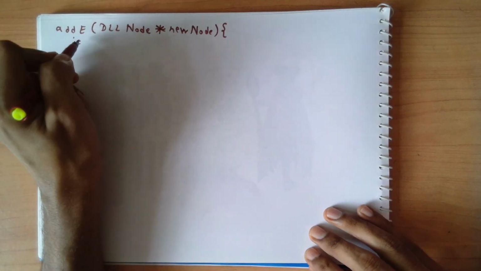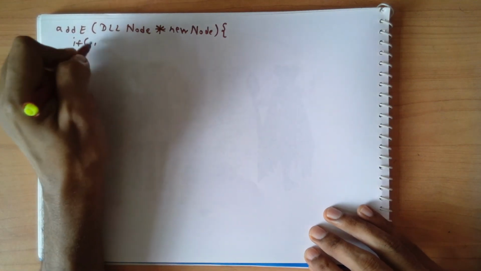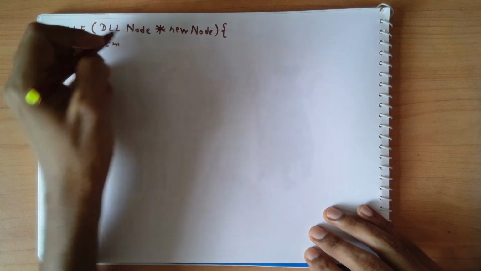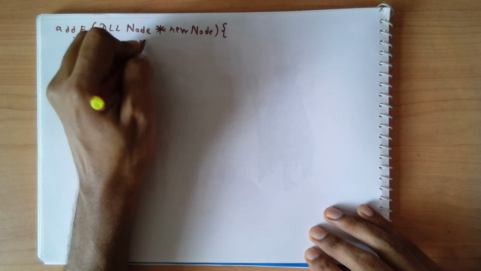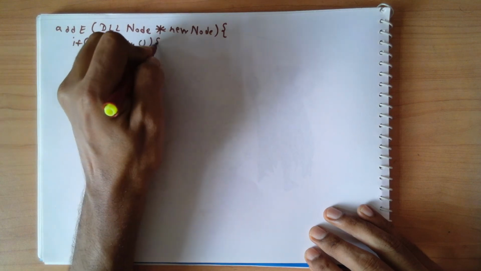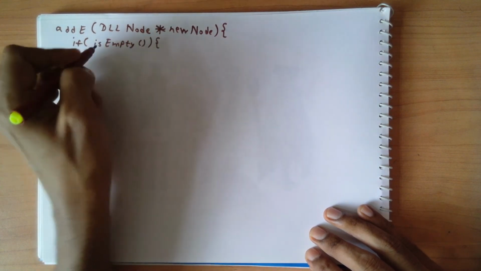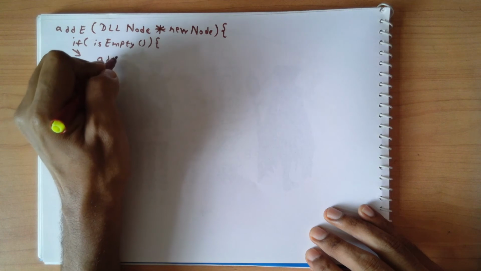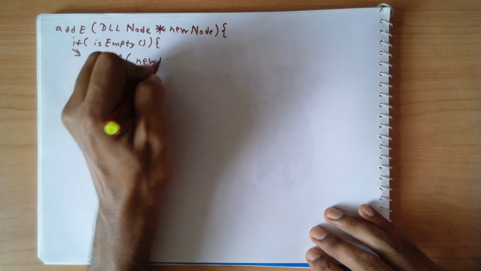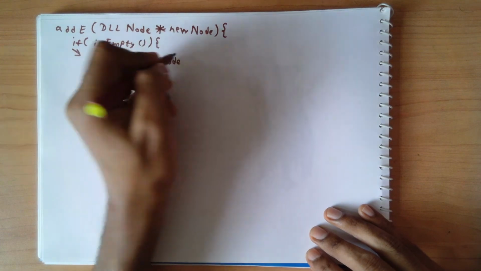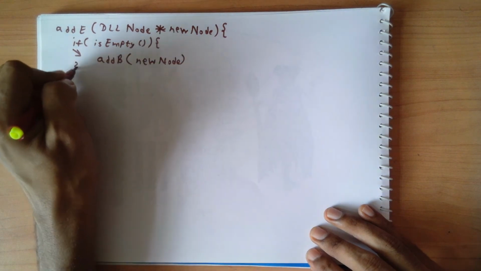So let's say we have the operation isEmpty on our list. If that happens to be true, then what we simply need to do is call our previous function addAtBeginning, and we'll send the new node there, because the list is empty. So then we are done.